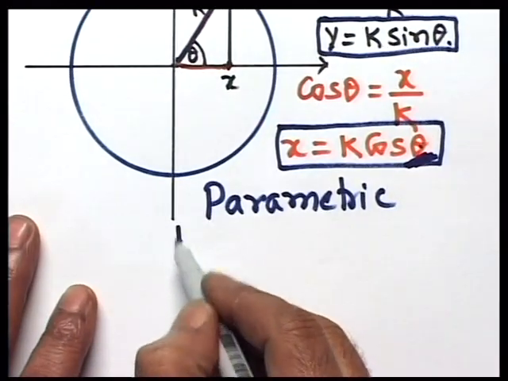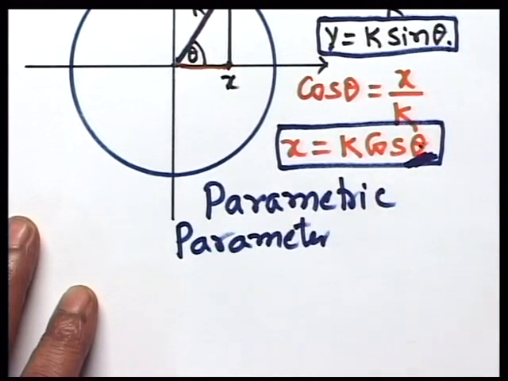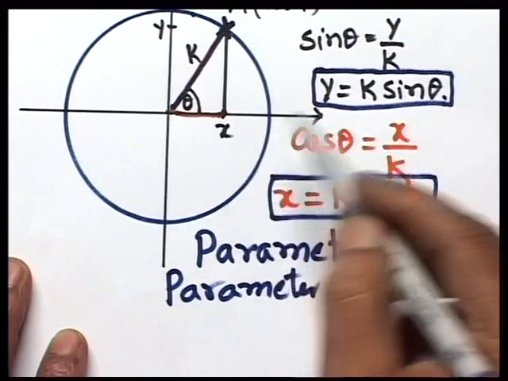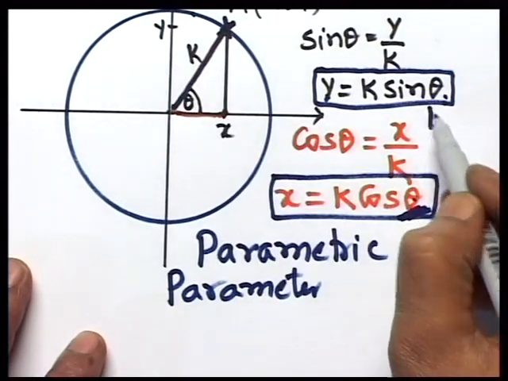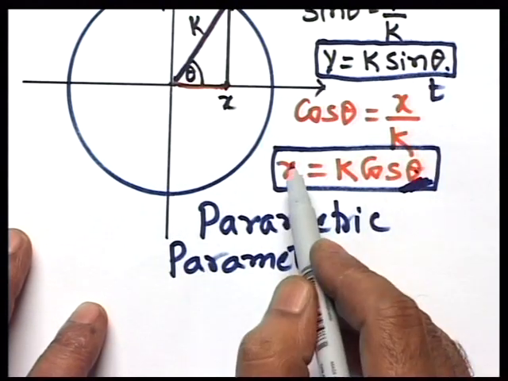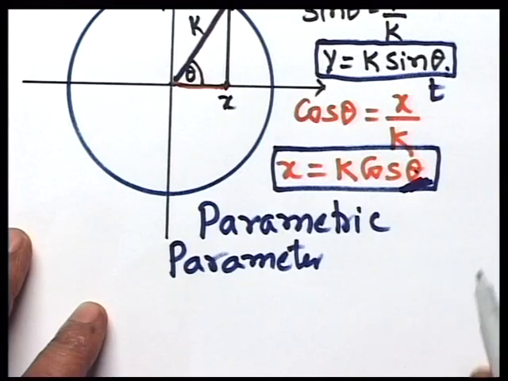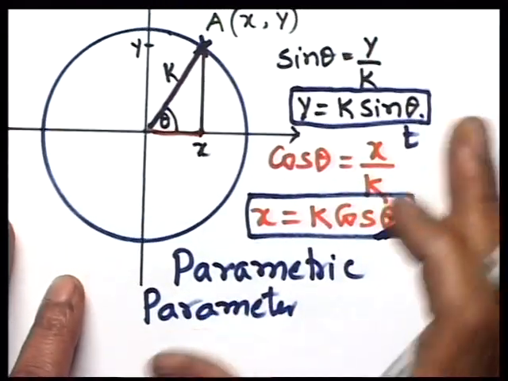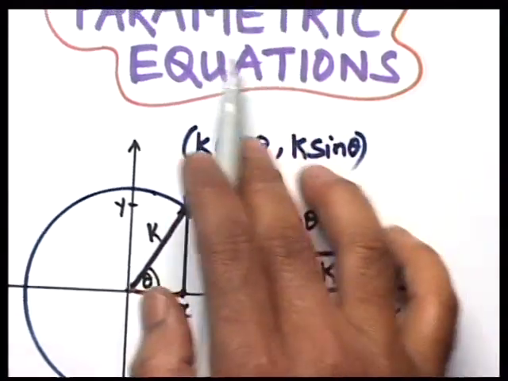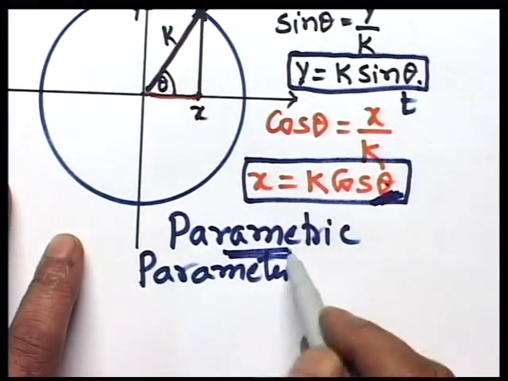That theta is called the parameter, right? Textbooks use theta or maybe t, doesn't matter. They will write x equals k cos t, y equals k sine t. So we understood the meaning of this, right? These two equations, we call them that.